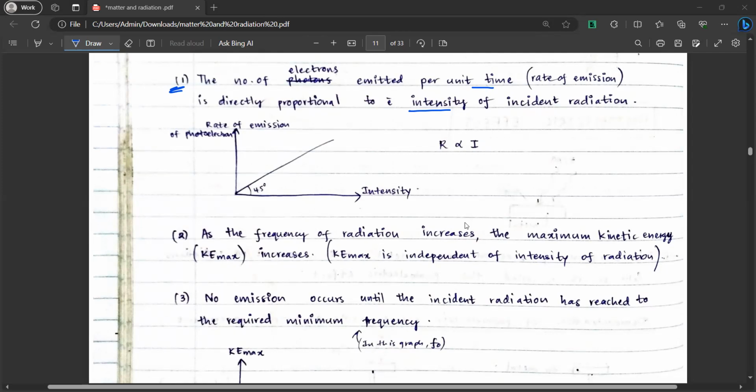Copy the second one also. As the frequency of radiation increases, the maximum kinetic energy increases.